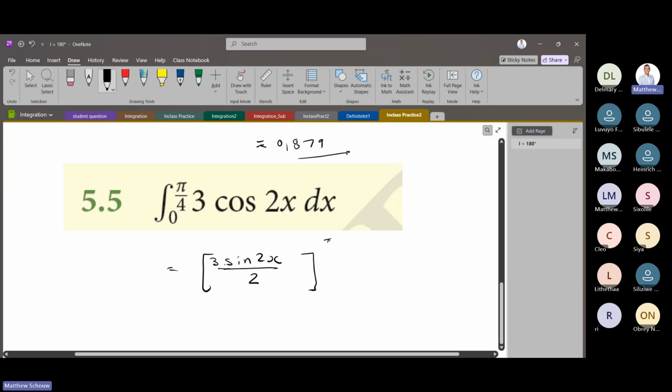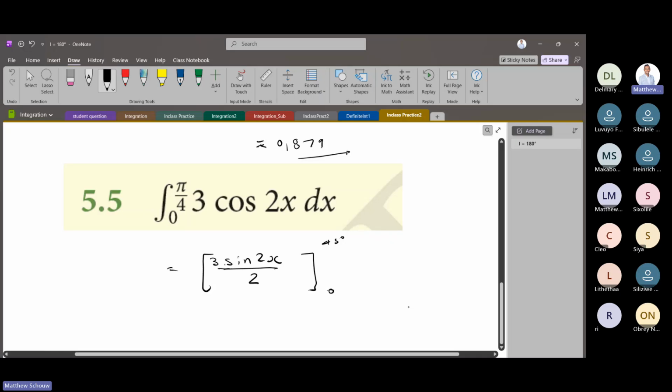And this will be from pi over 4, in our case we will just call it 45 degrees, to 0. Can we all get this part at least? You all get that? Okay, just checking.